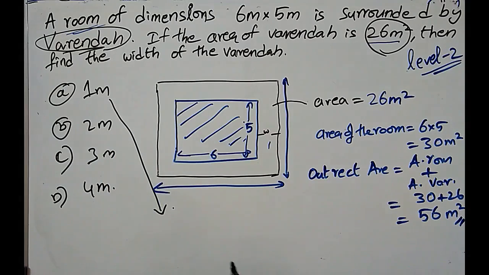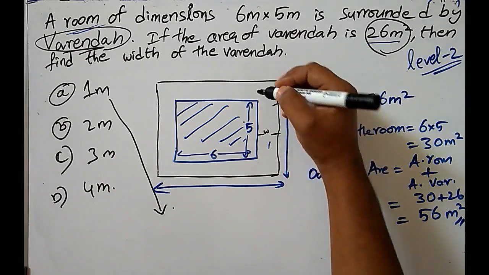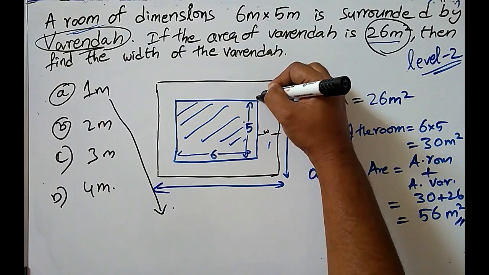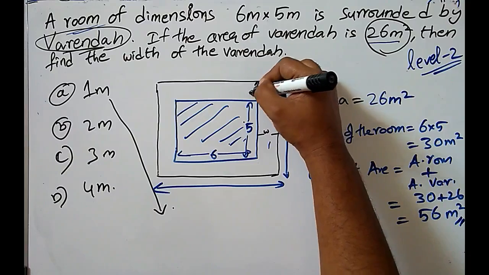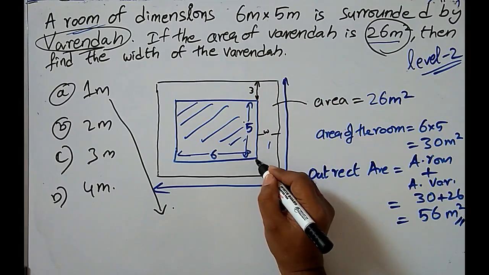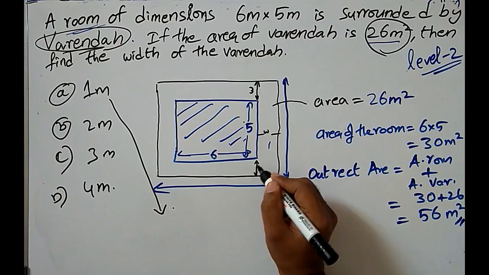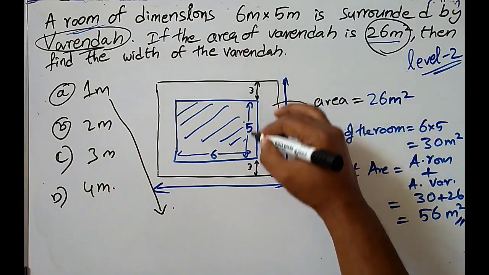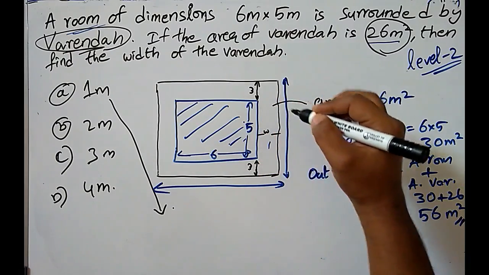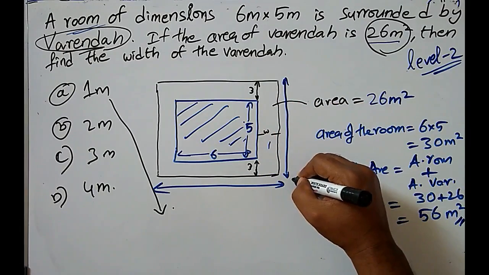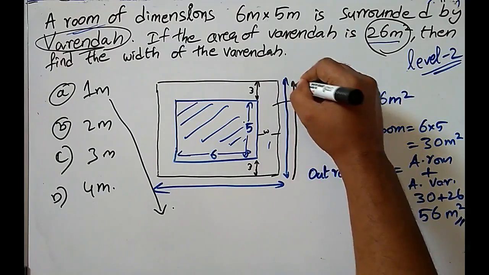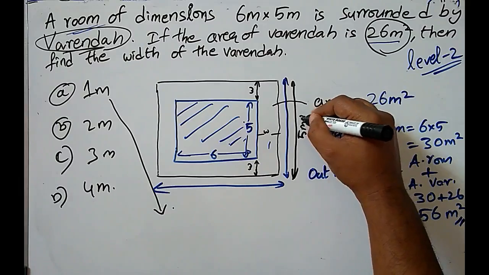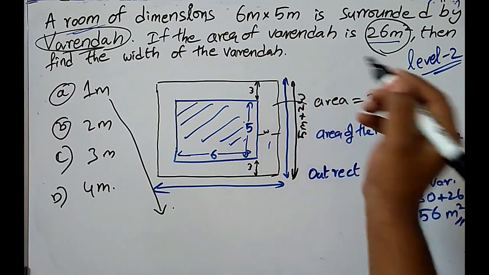See friends, for this 5 meters, here this is width, and on this side also there is width. So by adding the width 2 times to this 5 meters, we will get one of the sides of the rectangle, that is 5 meters plus 2 times the width.